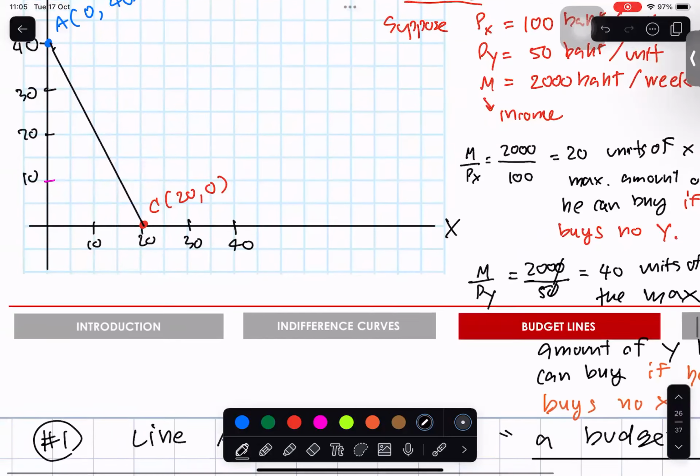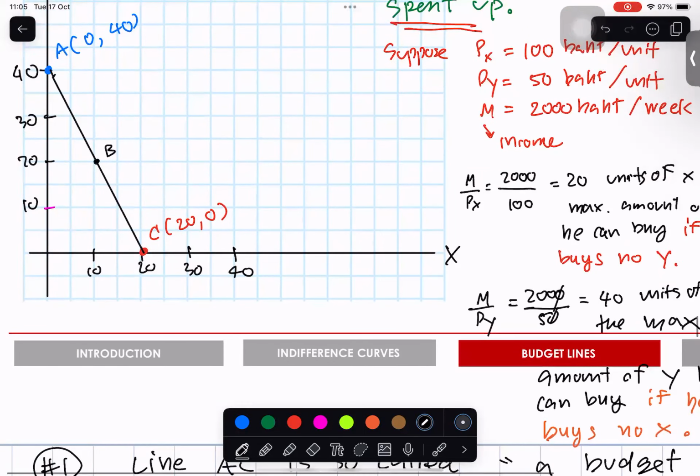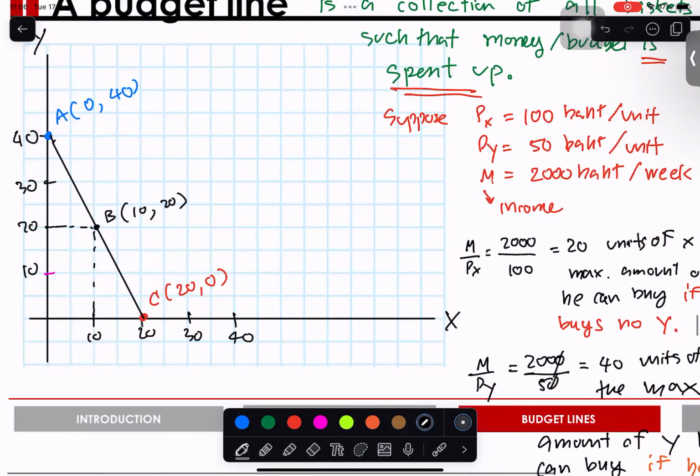Let's see basket B. Basket B is about 10 pizza and 20 Pepsi.